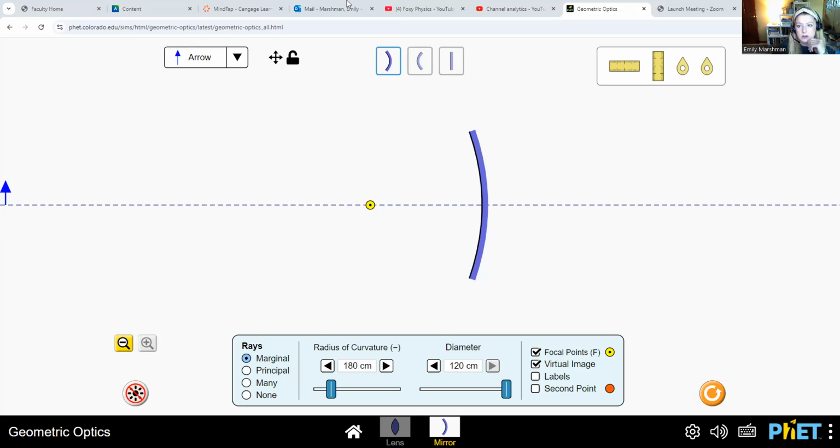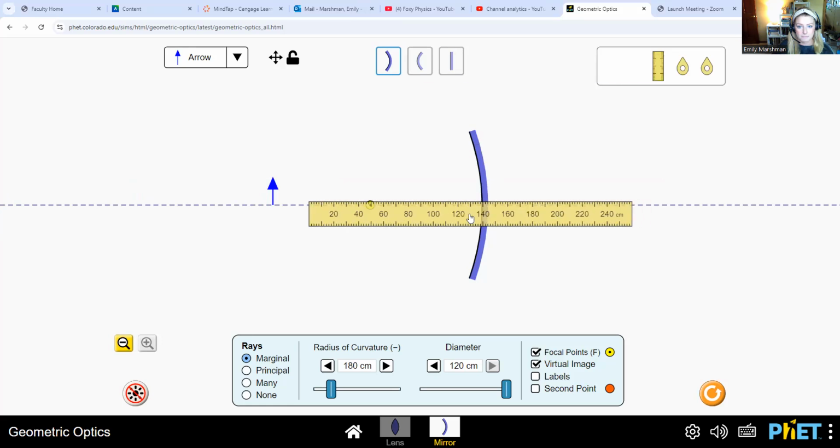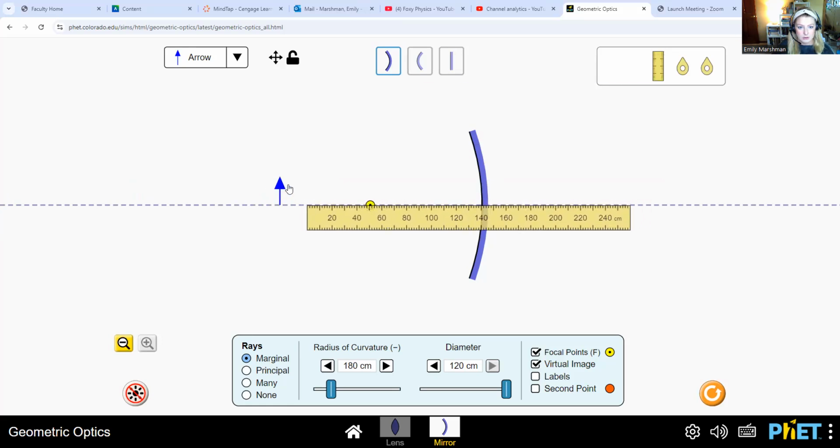Let's put our arrow at 140 centimeters away from the mirror. So we are outside the focal length. And let's make the object about 30 centimeters tall.